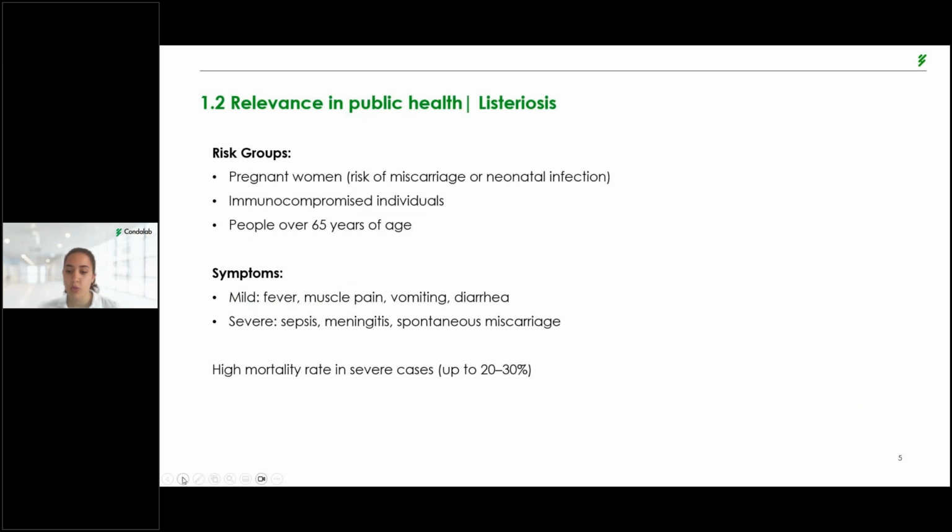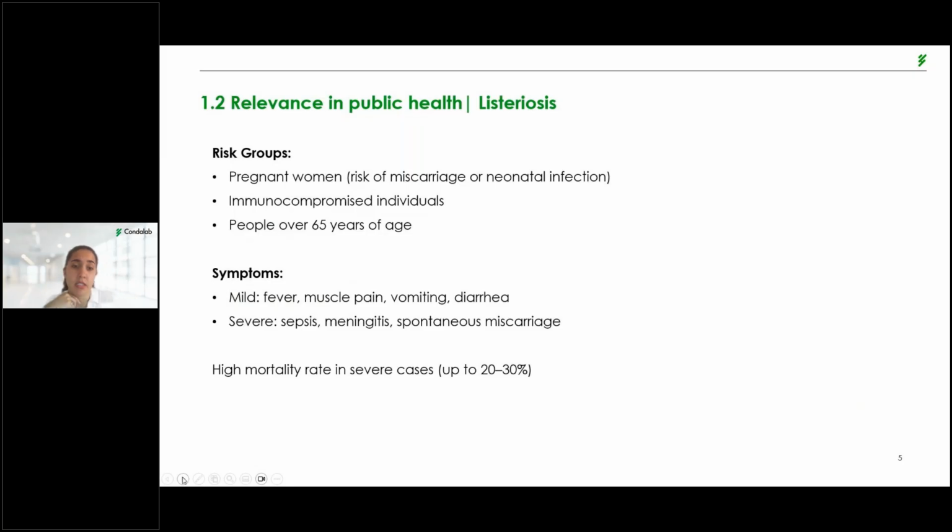Let's move now to the public health relevance. When someone eats something that is contaminated with Listeria monocytogenes, it can cause them listeriosis. There are several risk groups, such as pregnant women, immunocompromised individuals, and people over 65 years of age. The symptoms of this illness can vary depending on if it's a mild or a severe case.